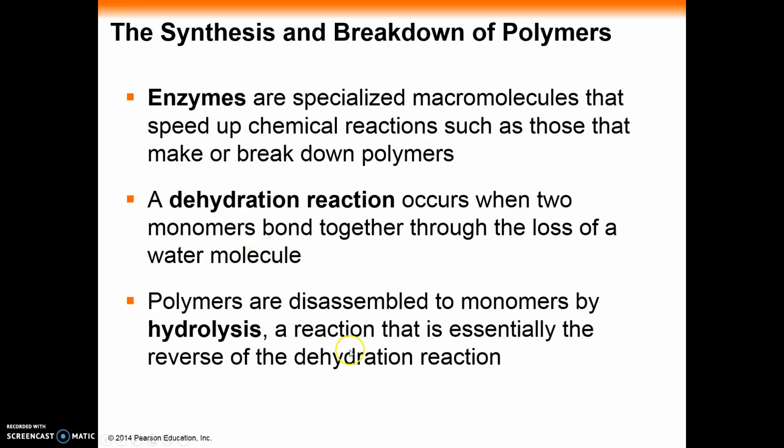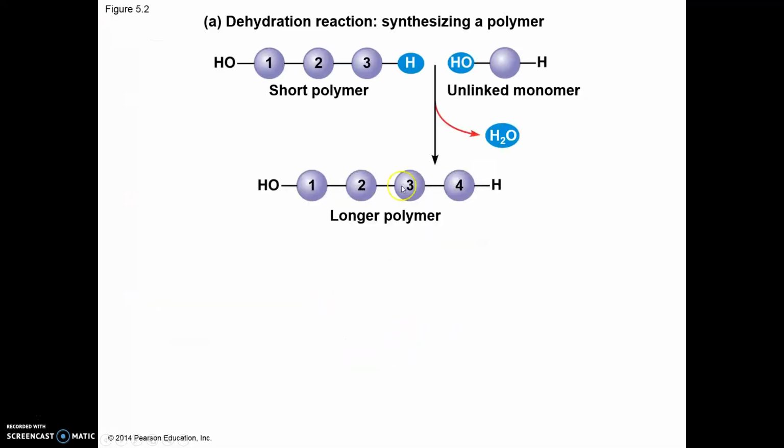The opposite of that is also true. We can take those polymers and break them down through something called hydrolysis, hydro meaning water, lysis meaning breakage, so a water breakage reaction. It's essentially just the reverse of this dehydration. So let's take a look at this. Here we have a short polymer of 1, 2, and 3. We want to add this fourth subunit. Here we have this hydroxyl group, and here we have a hydrogen present.